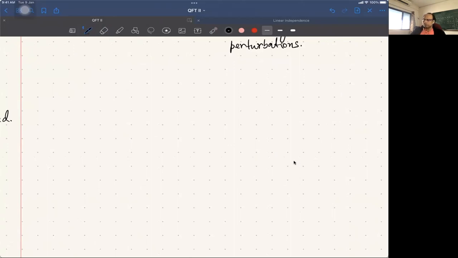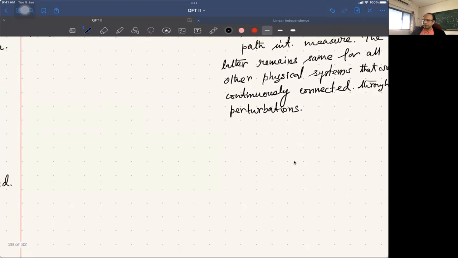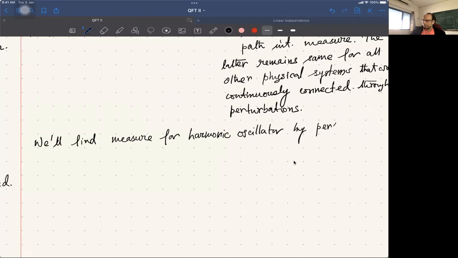Before I proceed, what we will do is find the measure for the harmonic oscillator by performing the Schrödinger theory calculation for a free particle.